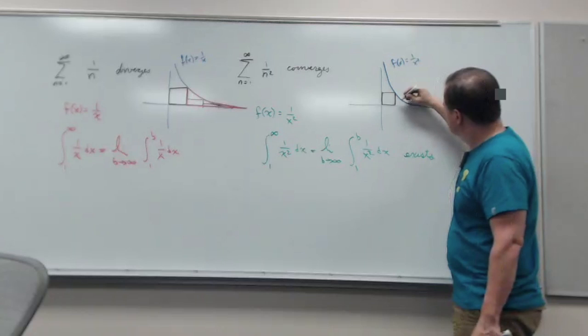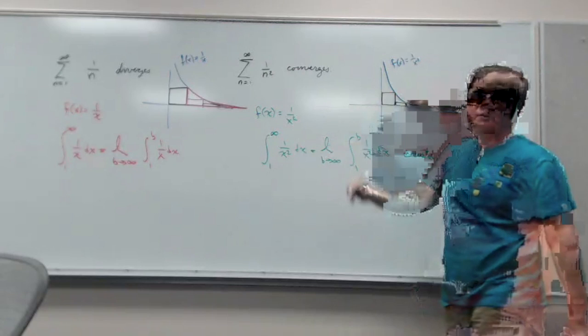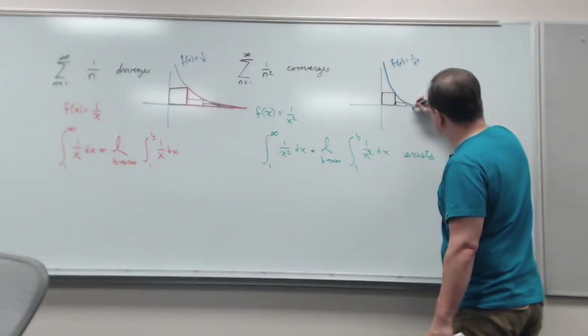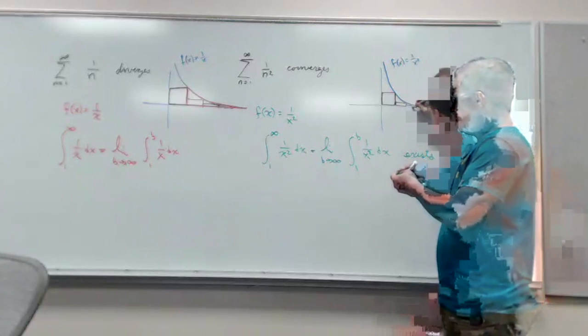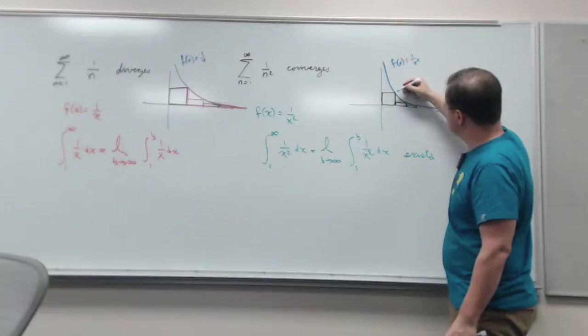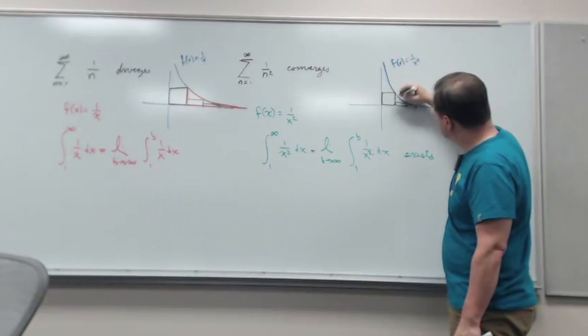So the next term is a lot smaller than that one. This third term is an area of 1/3 over there, but here it's going to be 1/9. And the claim is that if you use the integral test, you're not really finding the area of these rectangles. You're finding the area of this region right here.